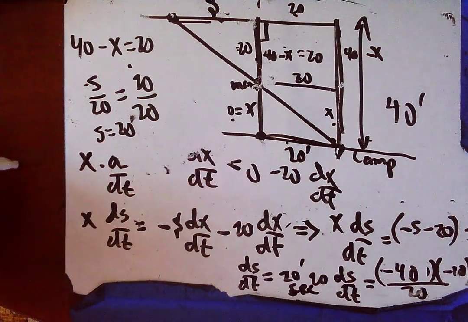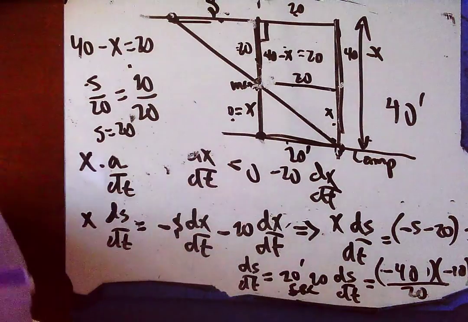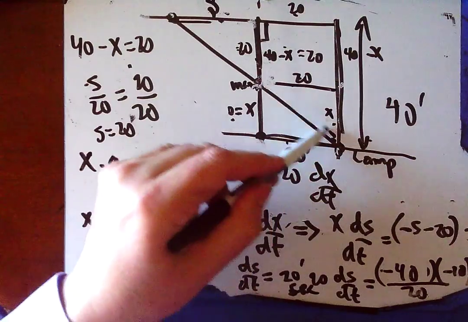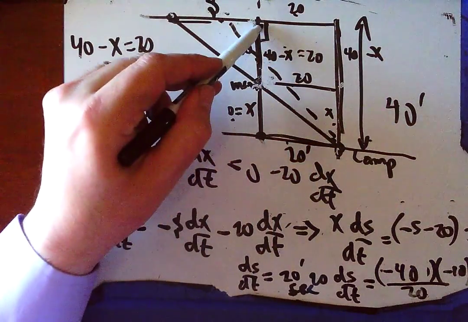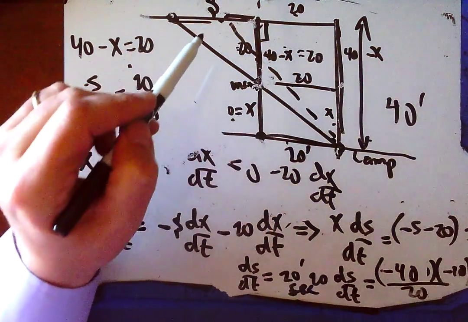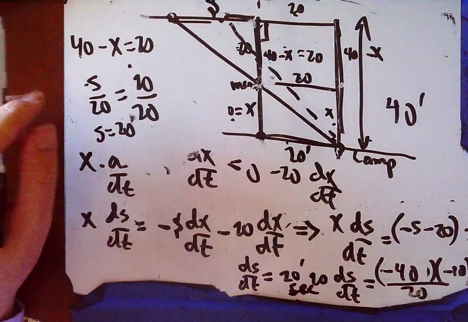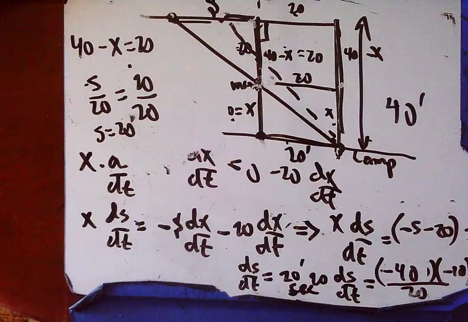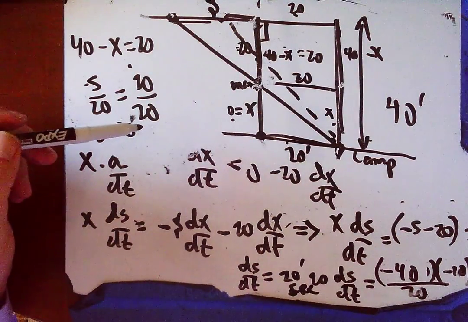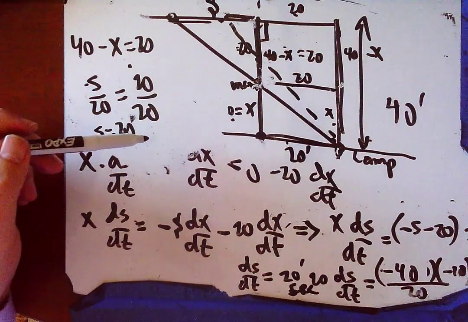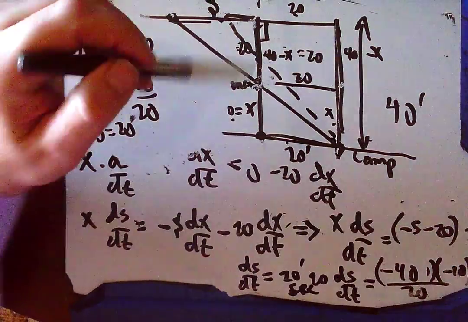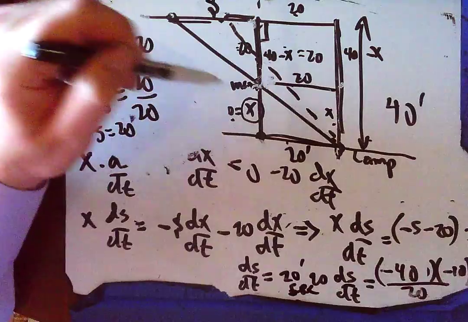But it's negative. So, did I do a double negative thing here? I mean, I know, but as the guy gets closer, the shadow gets smaller. So, what did I miss? dx/dt. Oh, I see it. Hey, look, they defined this as x.